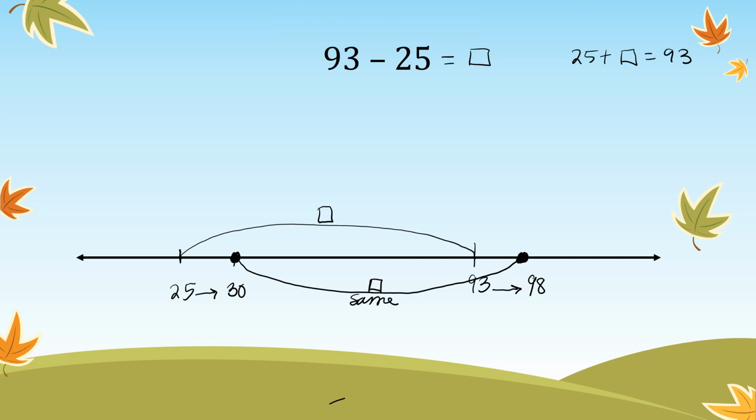So 93 minus 25 is the same as 98 minus 30. And it's easy to take away groups of 10, right? So 9 groups of 10, take away 3 groups of 10, you have 6 groups of 10. So that must be 68.